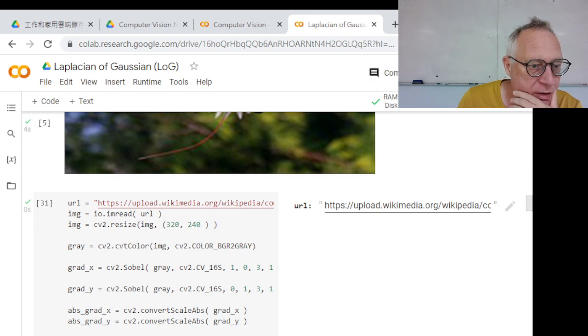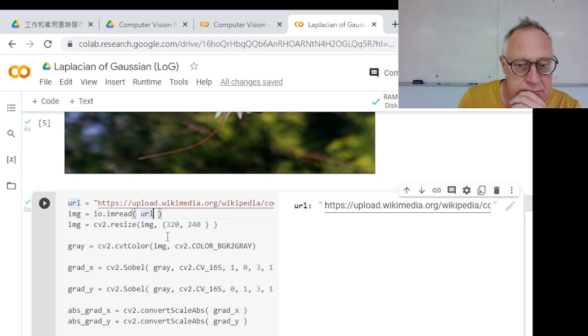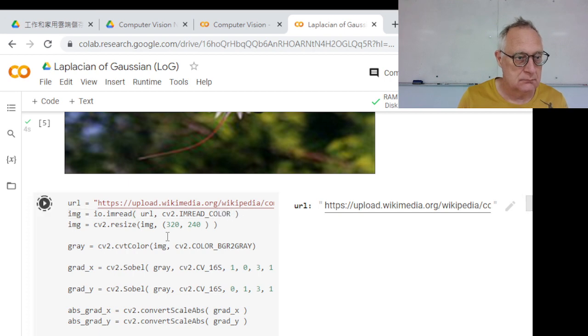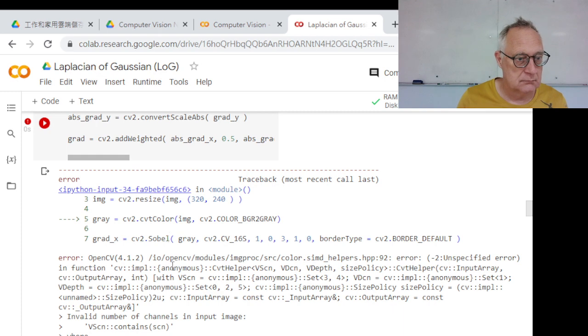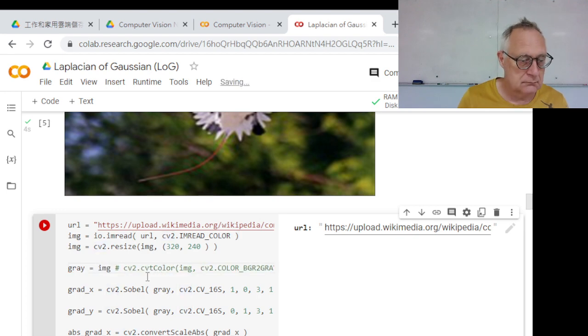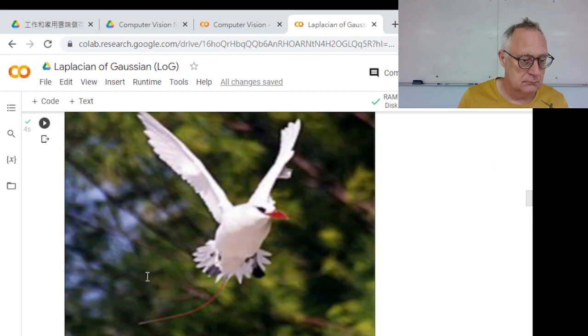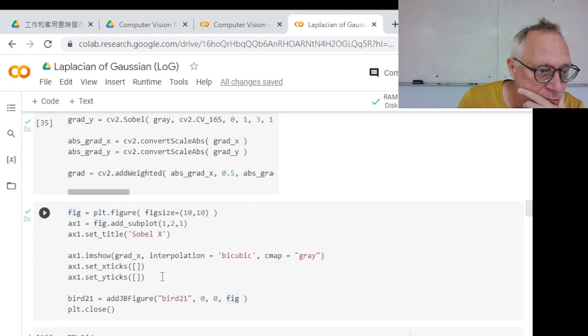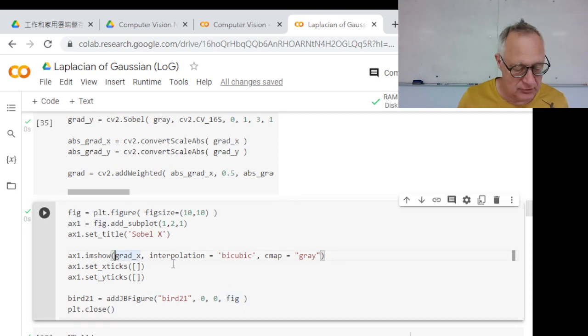What image color thing is this? Ah, first that should be grad, not grad x.